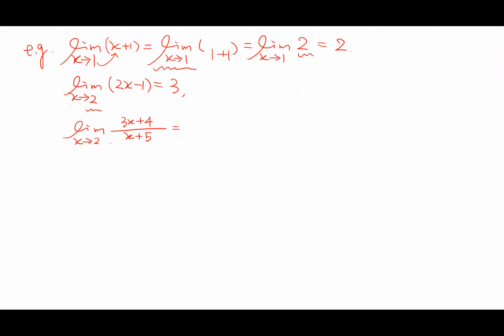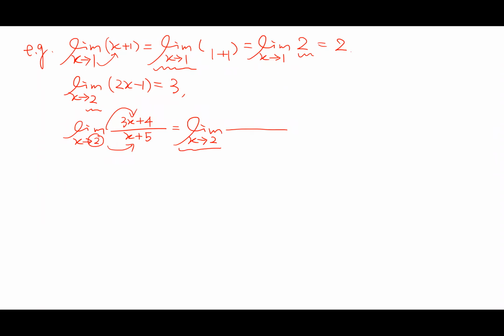I just told you that the first way to solve the limit is that we can substitute the point into the function, right? So here we just substitute 2 as x. So that equals the limit as x approaches 2. The same, don't forget this symbol.